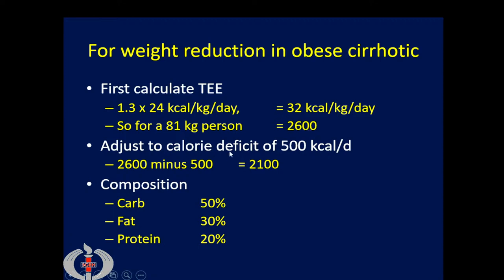Now we have to give him some calorie deficit, so we reduce by 500 calories. 2600 minus 500, his dietary prescription should be about 2100 calories. Once we have decided on 2100 calories, the composition should be carbohydrate 50%, fat approximately 30%, and protein approximately 20%, which would be approximately 1.2 to 1.5 grams per kg of body weight.